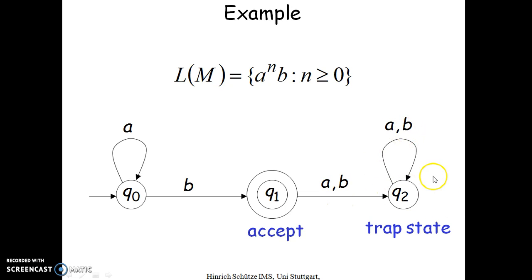But once I reach Q2, I cannot reach any other states. So this is the trap state and this is the accepting state. So how can I write the language: any number of A's followed by B, where any number of A's means I can have an A or not. So the n value is greater than or equal to 0.